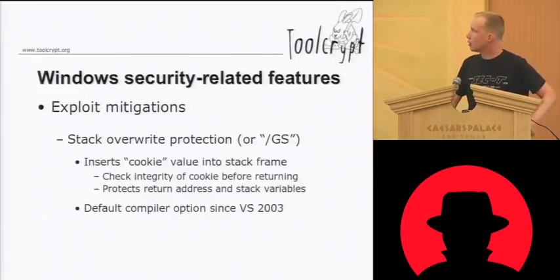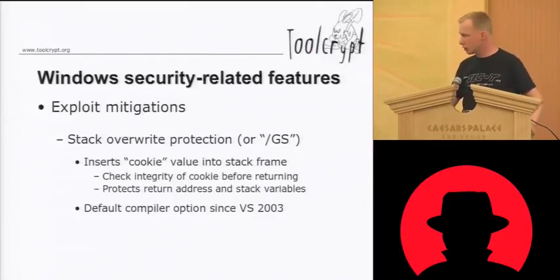So we'll start with /GS, or stack overwrite protection. This is one of the first exploit mitigations that Microsoft put in place, and it's developed quite a lot during the years. So with each new release of the toolchain with Visual Studio, it gets better and better and harder to circumvent.